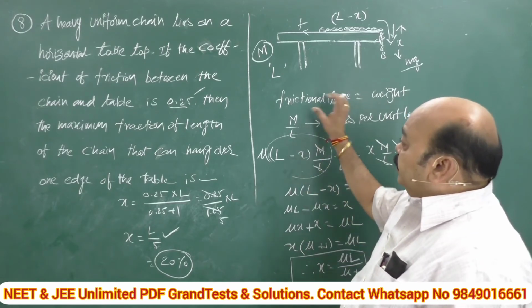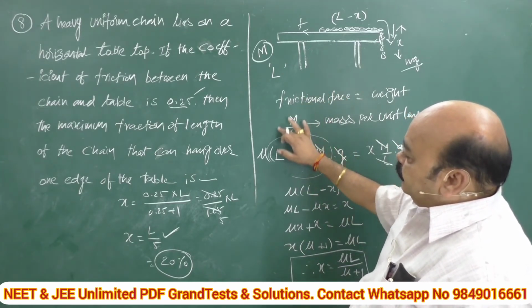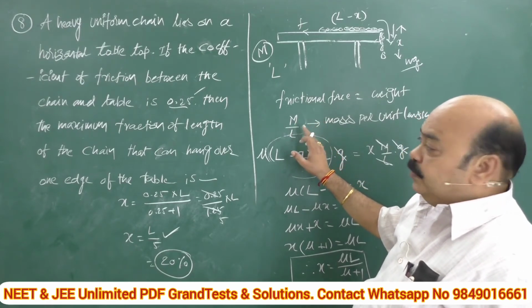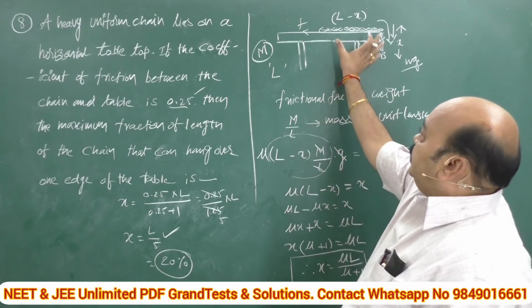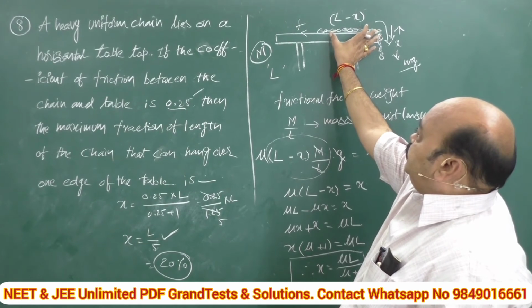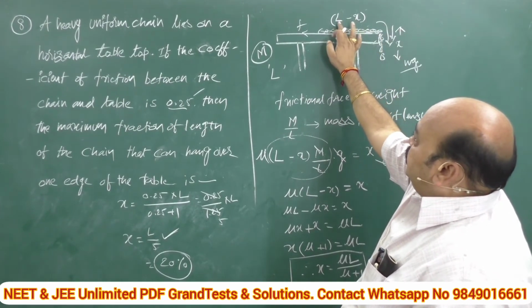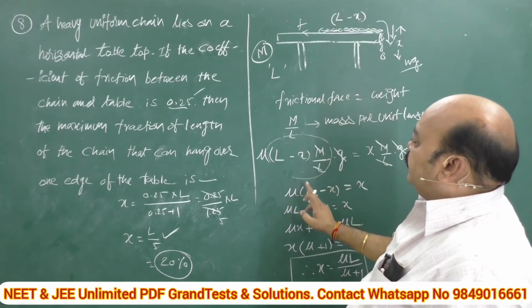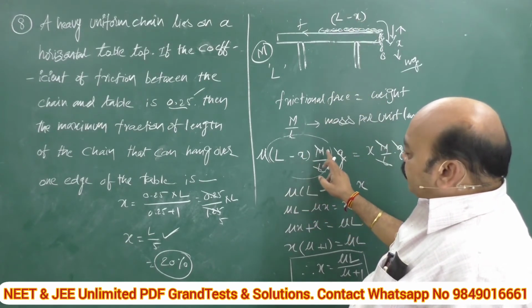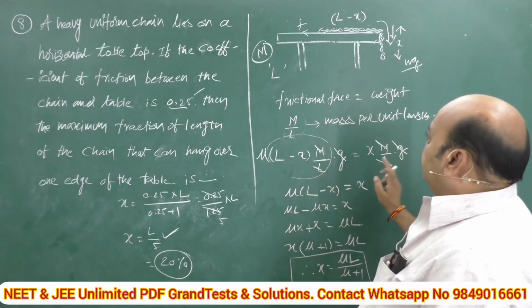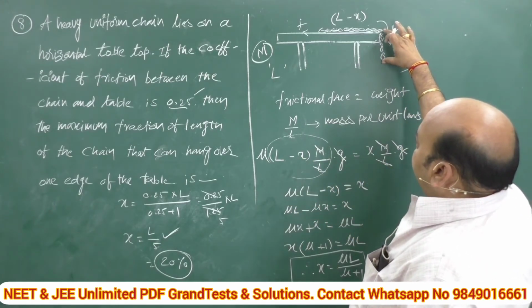Here you have to introduce this term, M by L, mass per unit length. If you know mass per unit length, we can get the mass of the chain on the horizontal table and the mass of the hanging part. What is the mass of the part on the table? Its length is L minus x, into the mass per unit length M by L, into g, mu m g is equal to the weight of the hanging part.